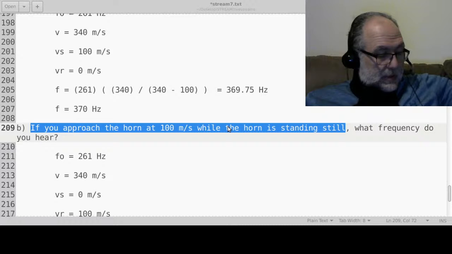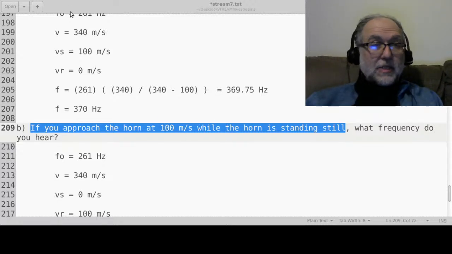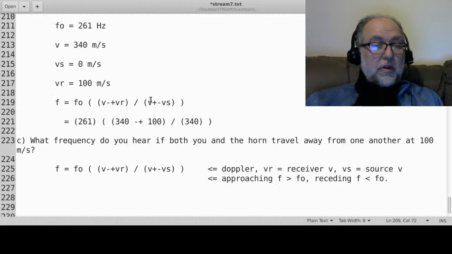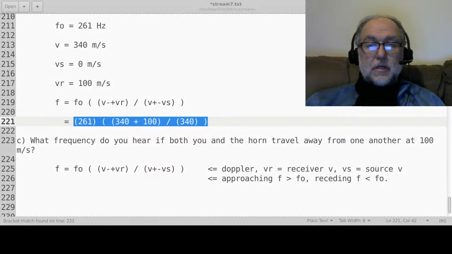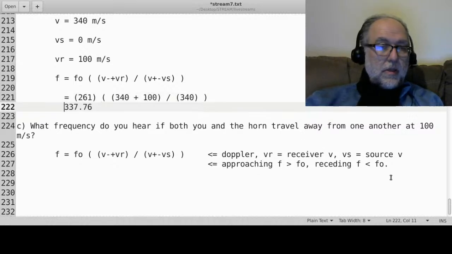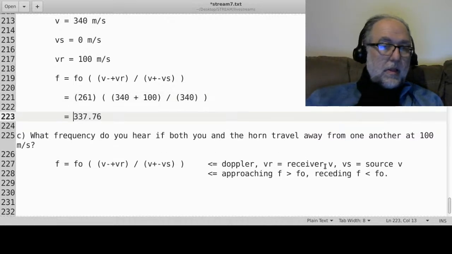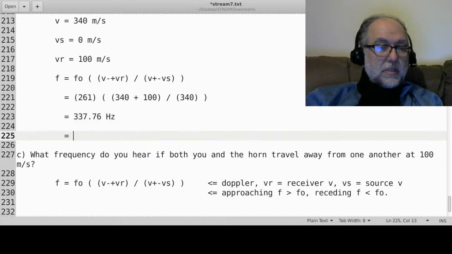So the frequency has to go up, which means it has to be a plus. Let me work that out. That turns out to be this number in hertz, and rounding off, it's going to be 338 hertz.